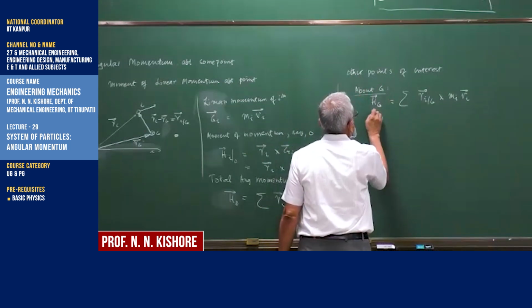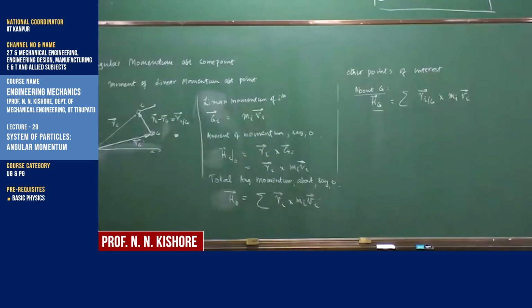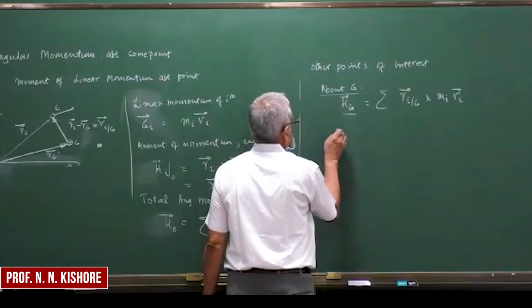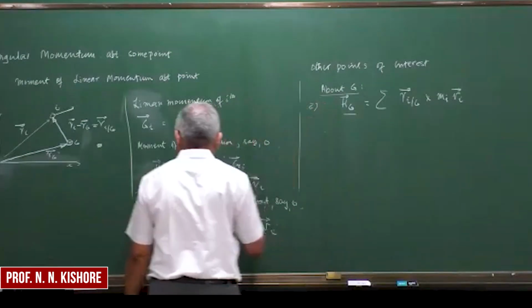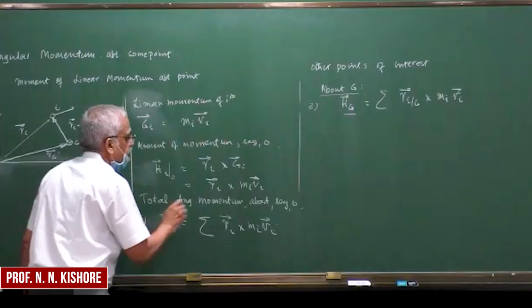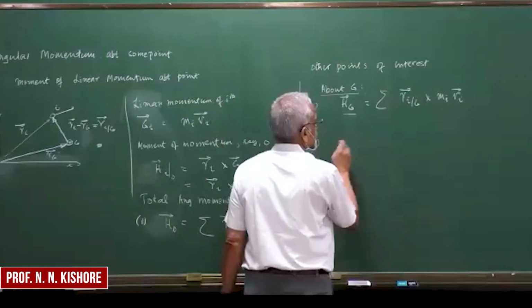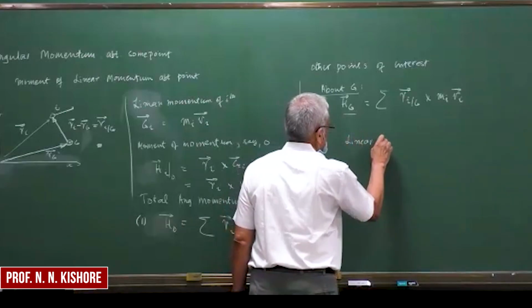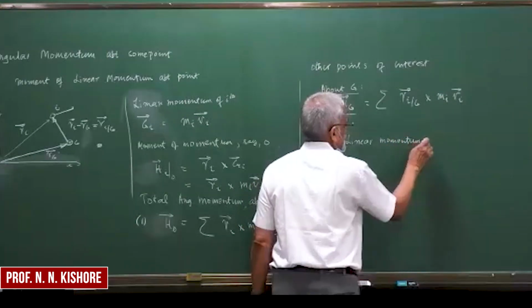There's also another definition of this angular momentum: this is the first, and the third one is the linear momentum. Here we take the linear momentum relative to G.